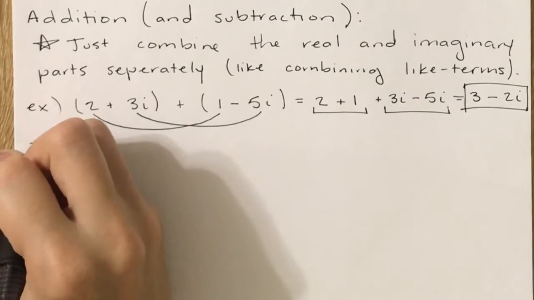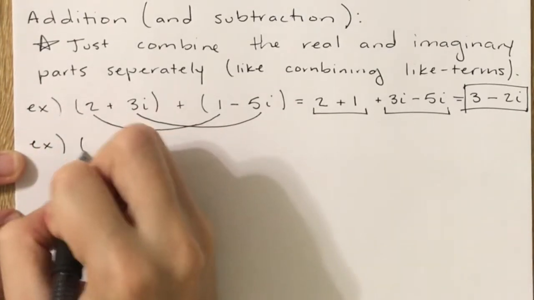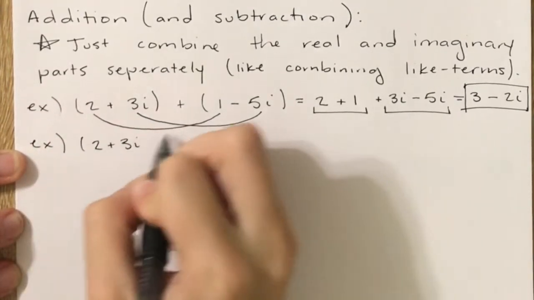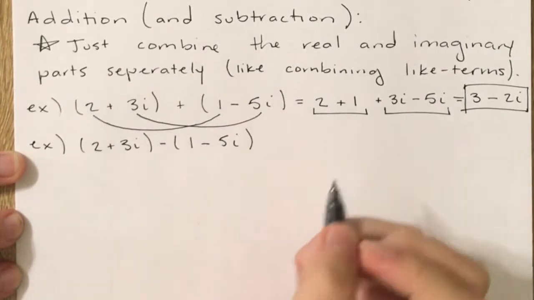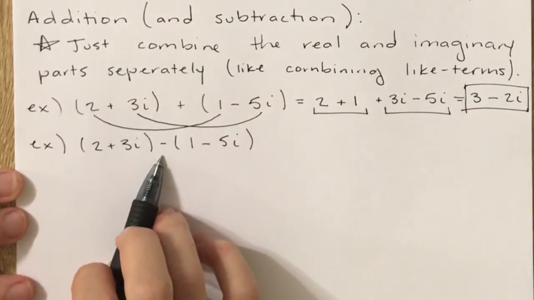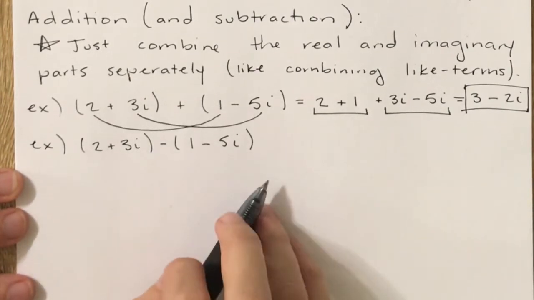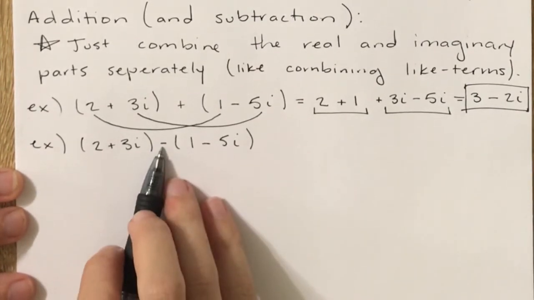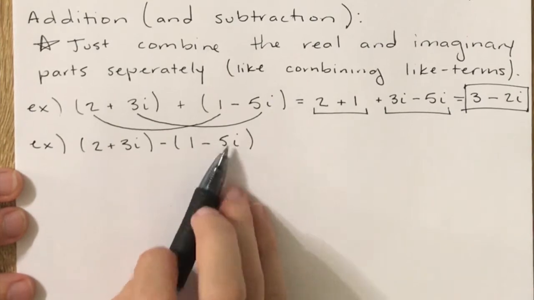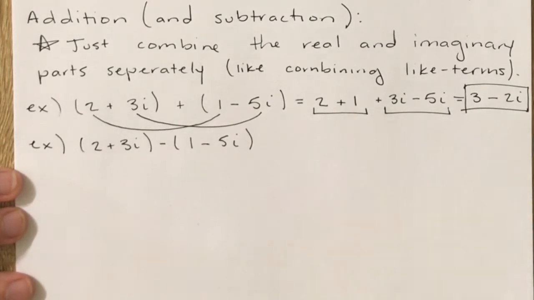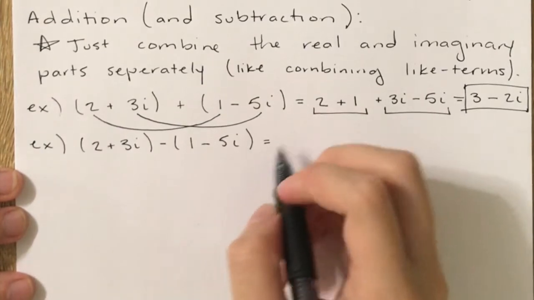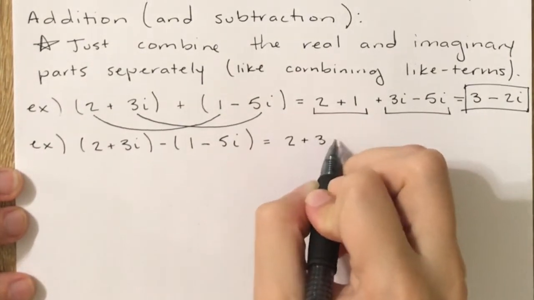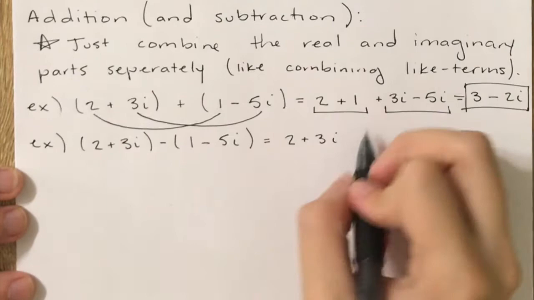Now, what would happen if we were subtracting? Here, again, we're just going to follow our basic algebra rules. We have this negative out front, which means we need to distribute. So let's do that. We have 2 plus 3i. We distribute this negative.